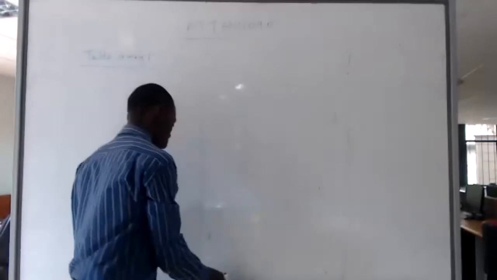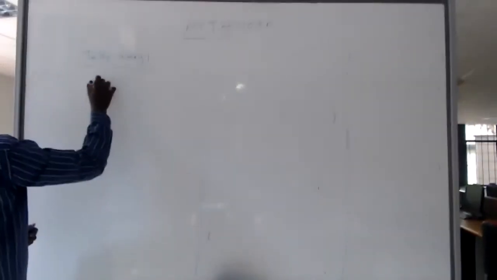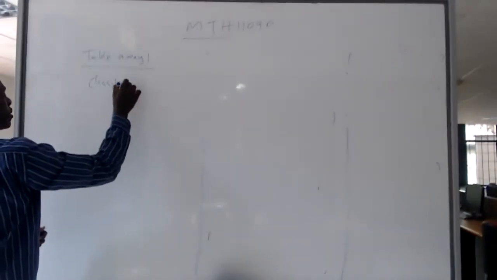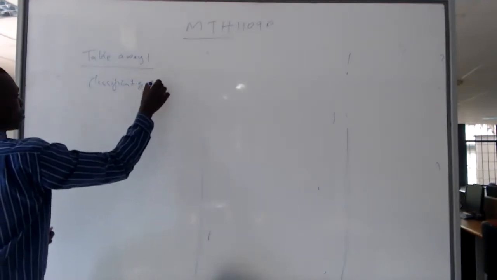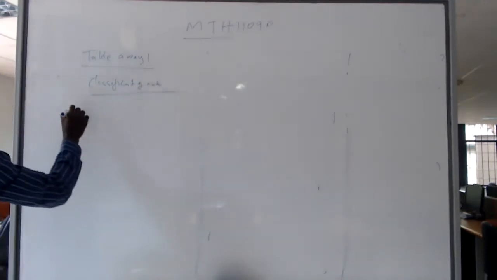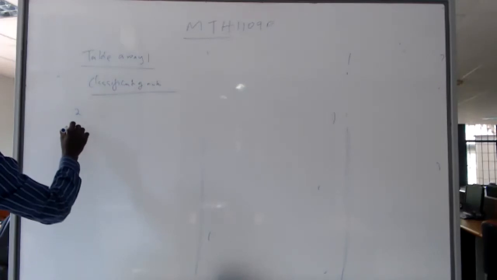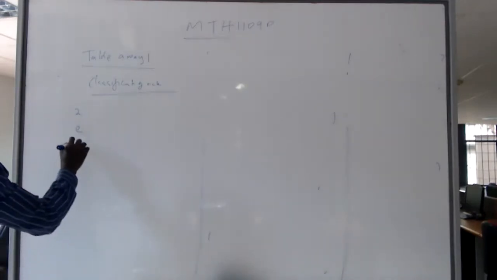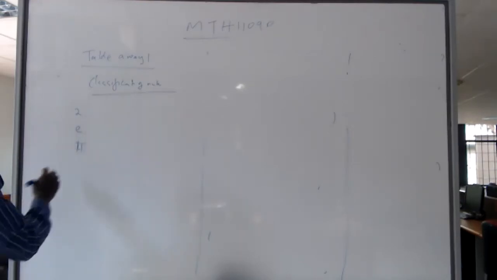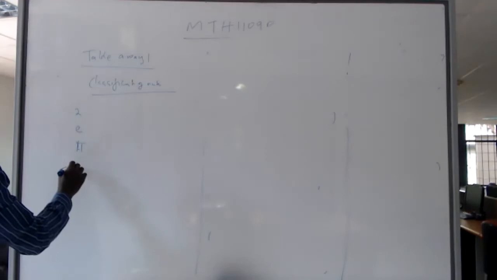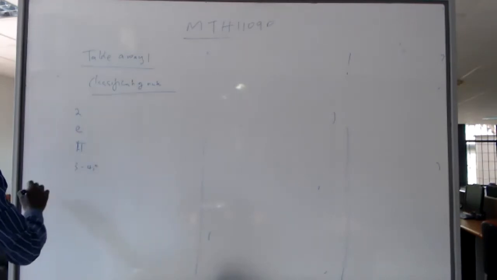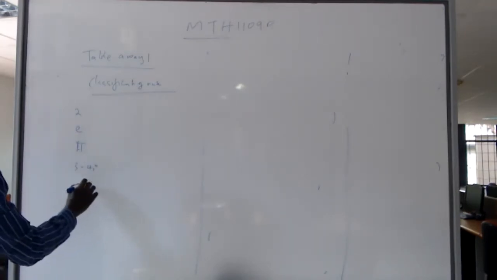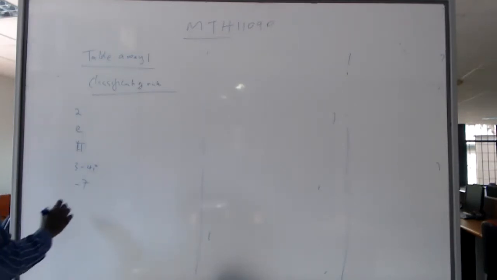So what are the numbers you're supposed to classify? 2, pi, e, 3 minus 4i, -7, 2/9.